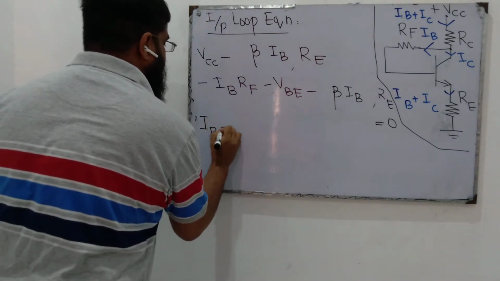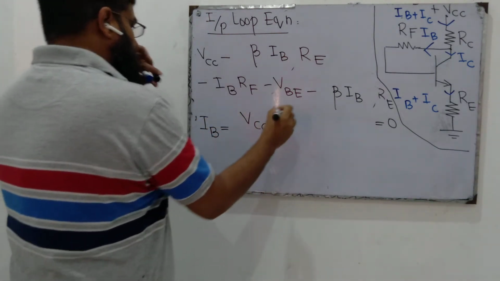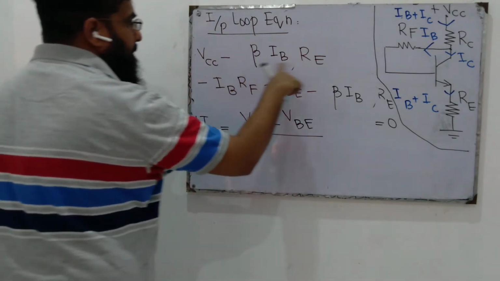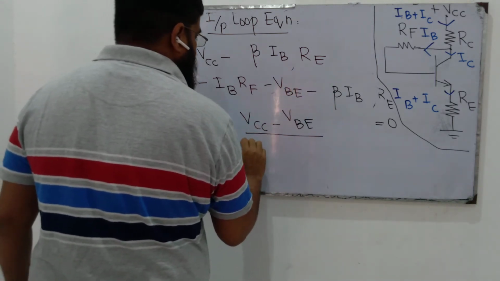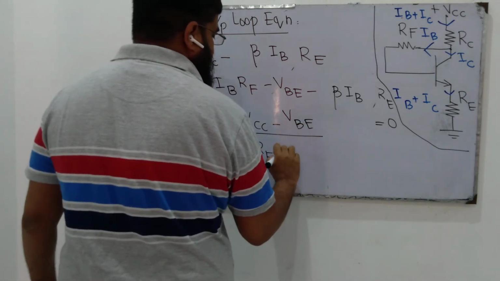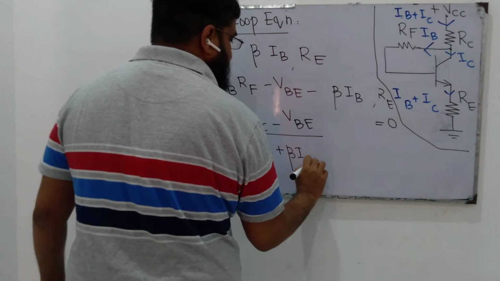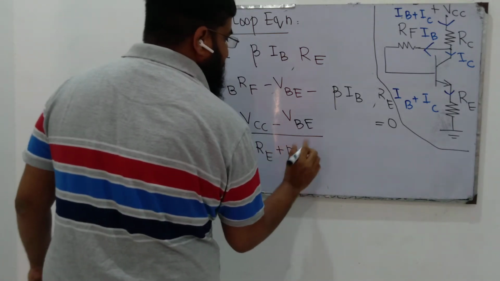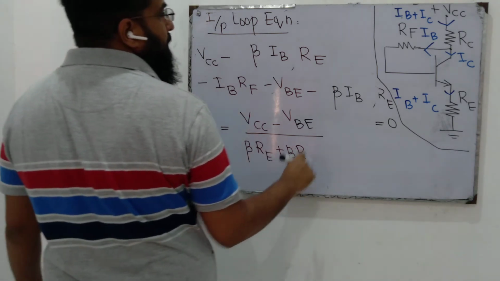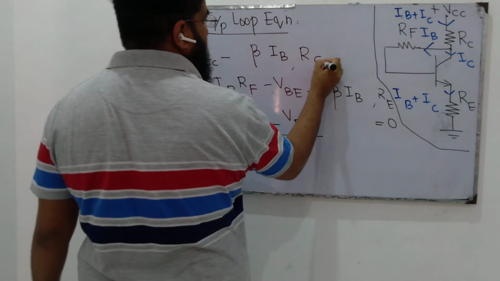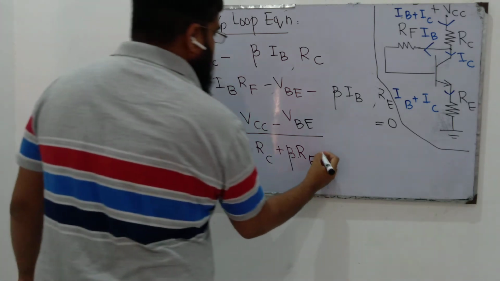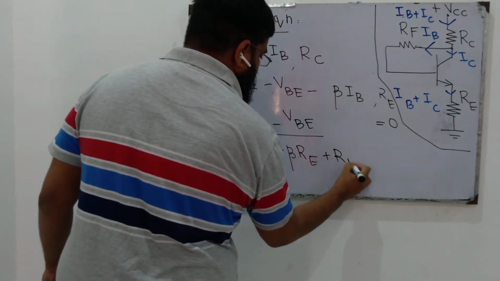IB is VCC minus VBE divided by beta times RC plus beta times RE plus RF.